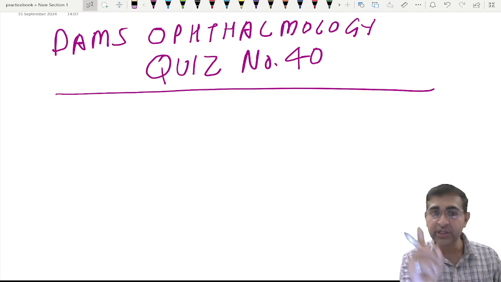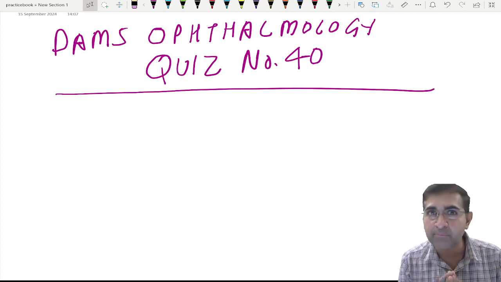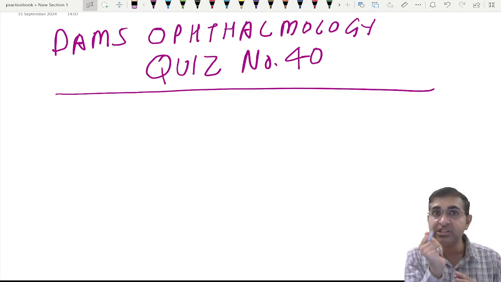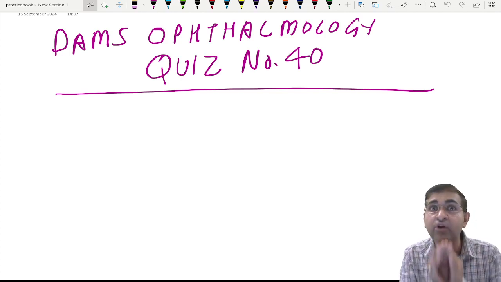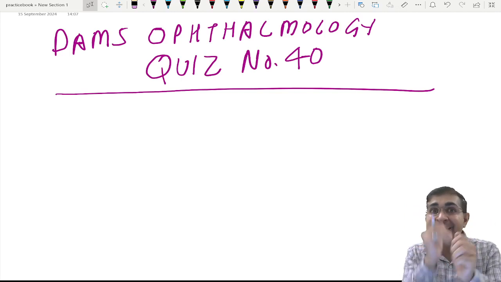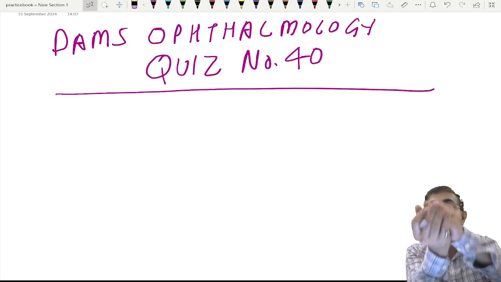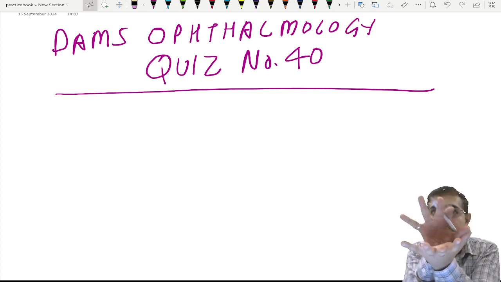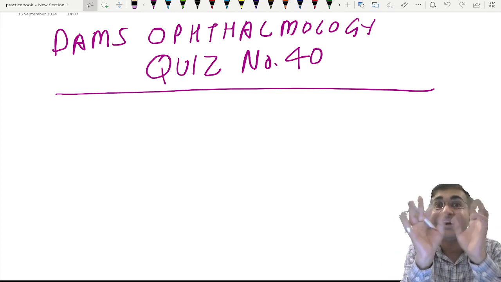So the first question in DAMS ophthalmology quiz number 40 was: retina develops from? You know that there is a prosencephalon and there is a protrusion from the prosencephalon which you call the optic stalk. The distal end of that optic stalk gets converted into the optic vesicle, which later gets converted into the optic cup, and this optic cup is going to form the retina.